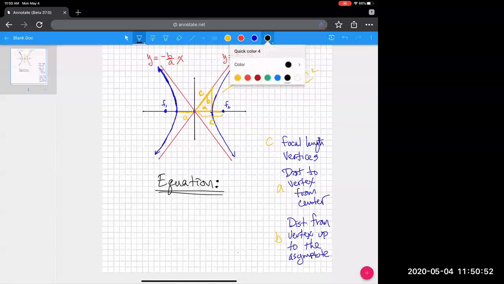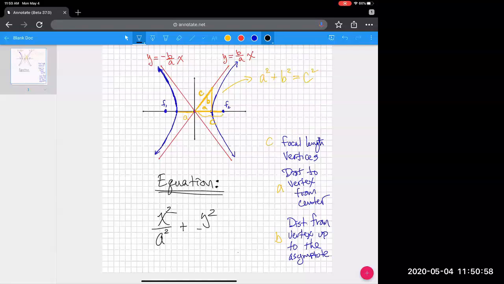For an ellipse, we had x squared over a squared plus y squared over b squared equals 1. So if you change to a hyperbola, instead of having a sum, you have a difference.